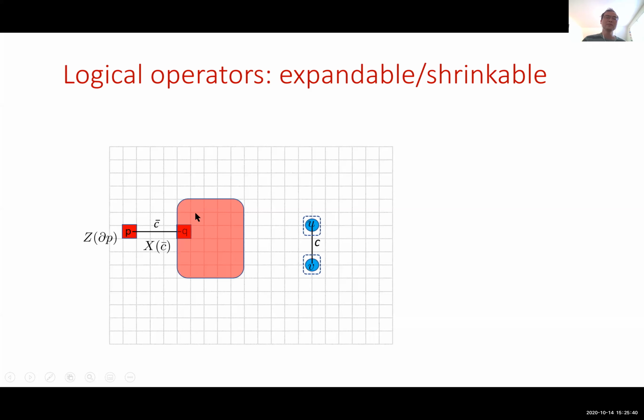The picture is that you can expand as long as you don't swallow another qubit pair. So you can expand the plaquette. You can also expand the star or the dual plaquette to a bigger one. Of course, you can do the reverse to shrink them.